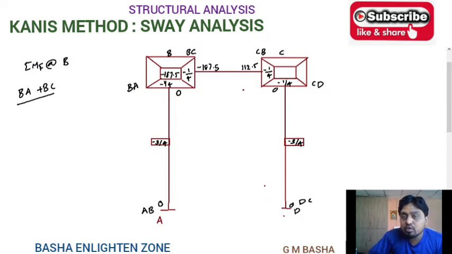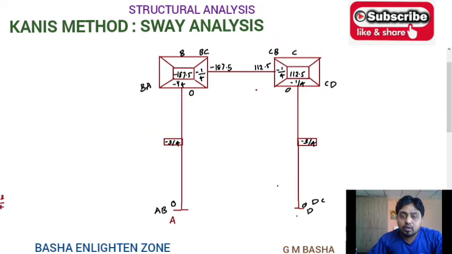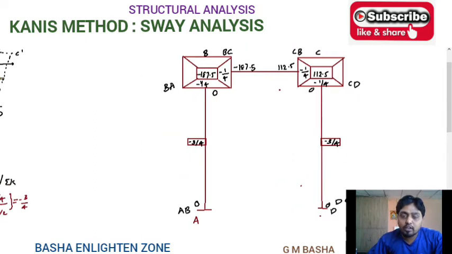Similarly for C also, CB plus CD, that is 112.5 plus 0, that is 112.5. Like that you will get both displacement factors. So our next step is to solve this problem by using trials. If you want to calculate, you can calculate directly by using calculators, but it is better to check with some formula in the logical sense.